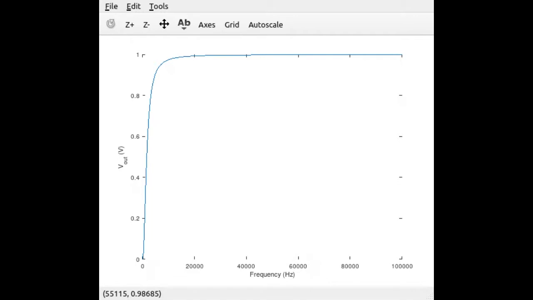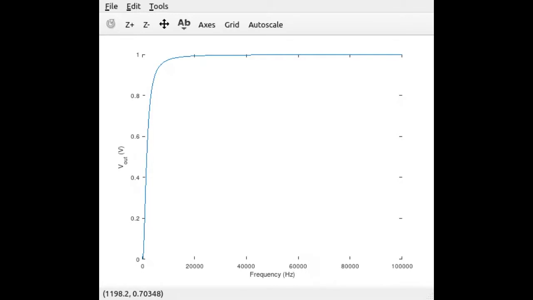So I can label these in there, and we can see that. But what you notice here is that the frequency starts at 0, but then the next value is 20,000. So this is not a very nice plot.